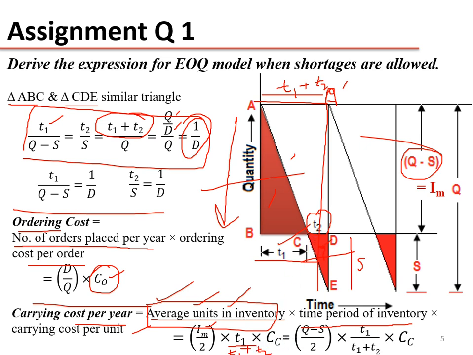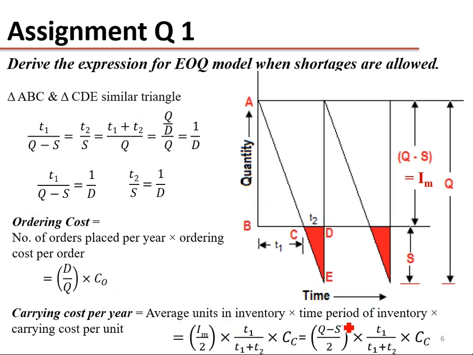That means T1 upon T1 plus T2 into CC. This is the carrying cost per unit over there. So now we put the value of IM in terms of Q minus S by 2 into T1 upon T1 plus T2 into CC.